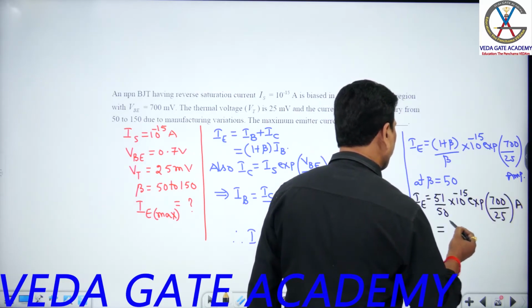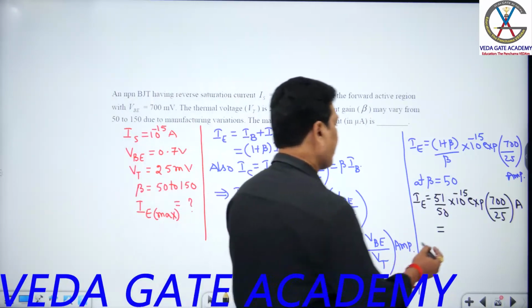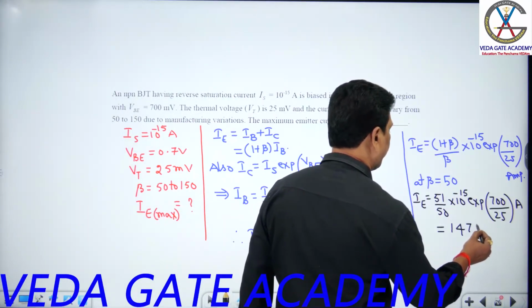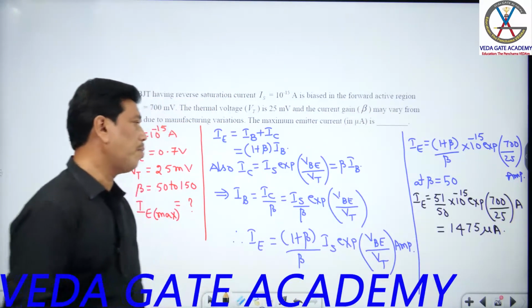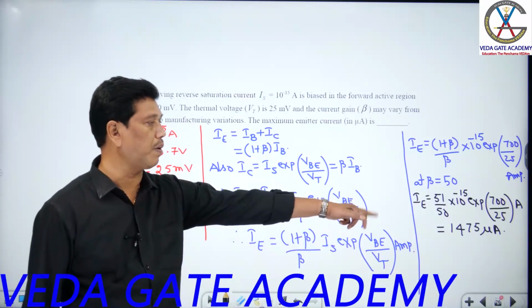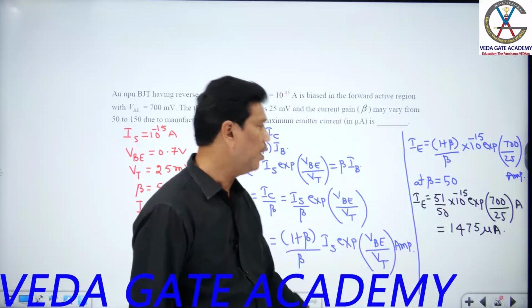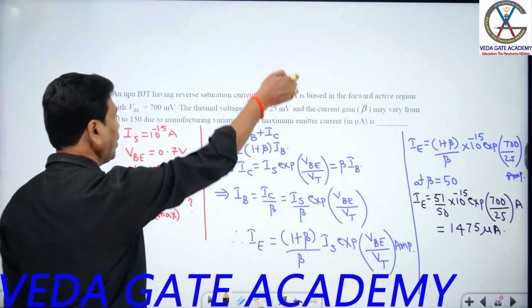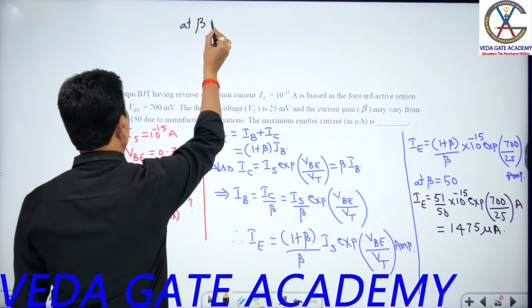So it should be around 1475 microampere, students. At beta equal to 50, the corresponding current is 1475 microampere, students.